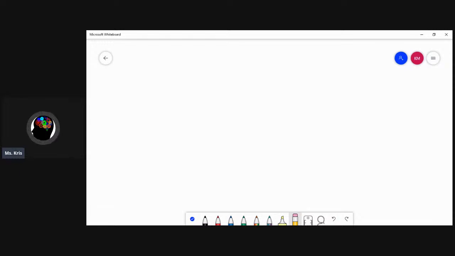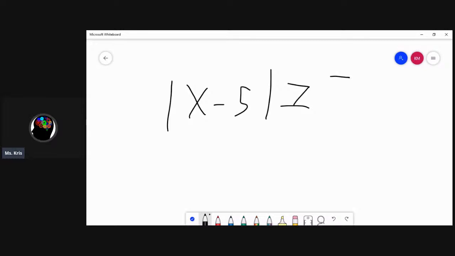Now, absolute value inequalities will be different. So, say for instance, I have the absolute value of x minus 5 is greater than or equal to 7.